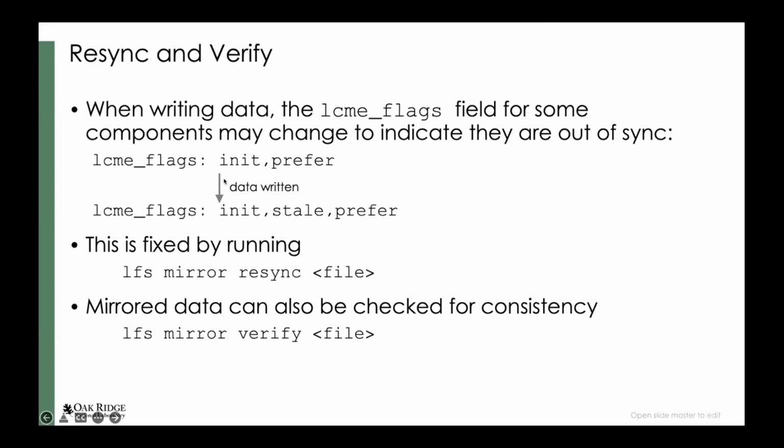So in this example, flags might be set to init and prefer, and then when data is written to it, you might see init, stale, and prefer. That would be the case for my previous example. The first 2 mirrors had the prefer flag set, but only one of them can be written to. So when I wrote data to the file, one of those mirrors had its flags changed, and it now contains stale to let you know that data was out of sync.